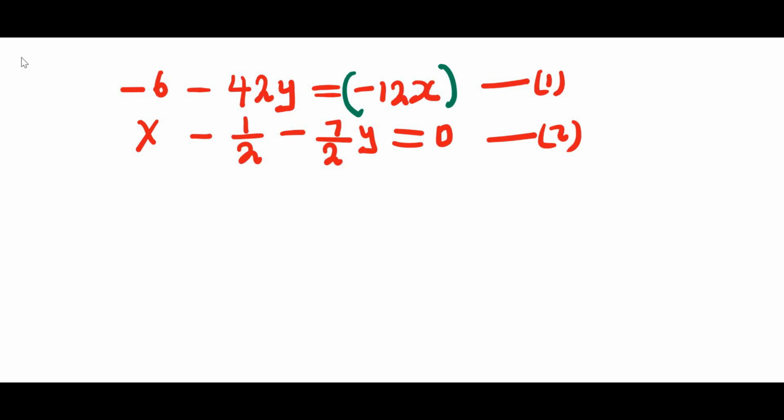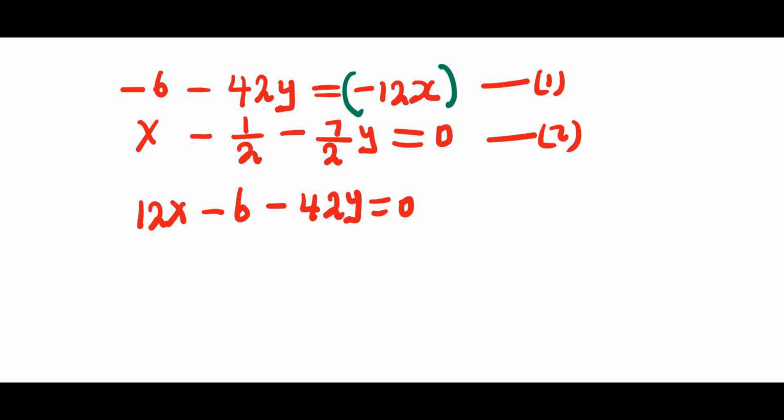add 12x to both sides, and this will become 12x minus 6 minus 42y equals 0.